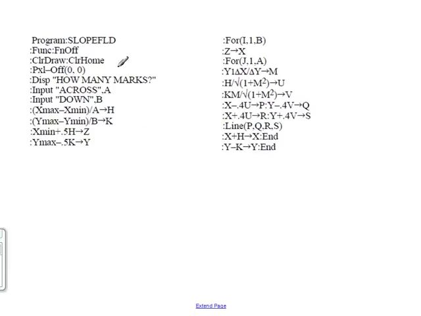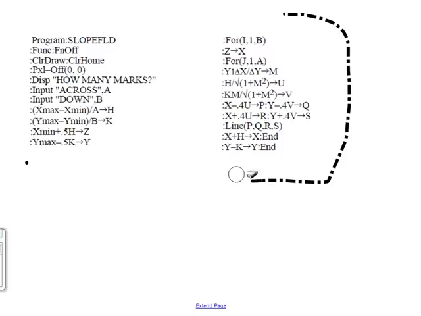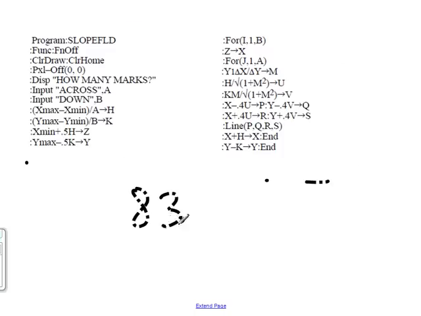Okay, so let's just finish looking here. This is your program, and this is only for the 83 and the 84. So if you have an 83 and an 84, what I'd like you to do is program this into your calculator, and you should do that.